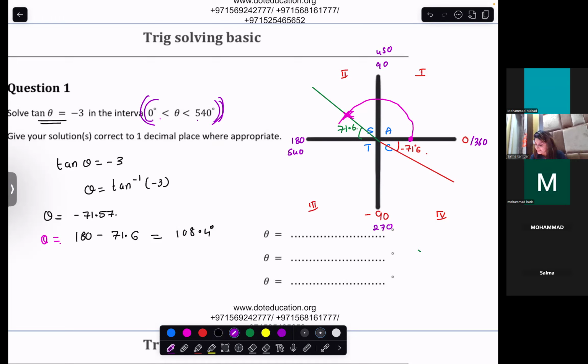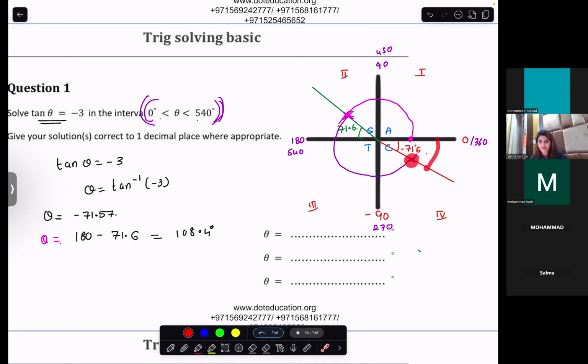I'm going ahead in my clockwise direction, and I am hitting my tan, the principal value over here, the second time. Can you tell me what will be the value of this?